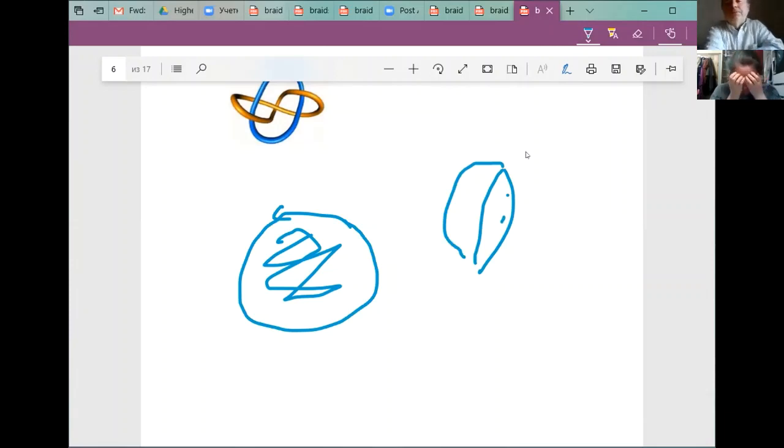So I'm using here by default the non-trivial fact that every oriented surface is classified, that an oriented surface is a sphere with G handles.